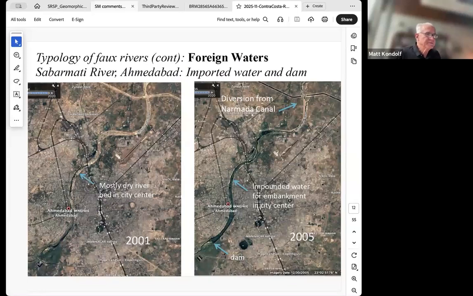In the early 2000s, a dam was built. So this is very much like Tempe Town Lake. They backed the water up through the downtown. So now you have year-round stagnant water in the center of the city.